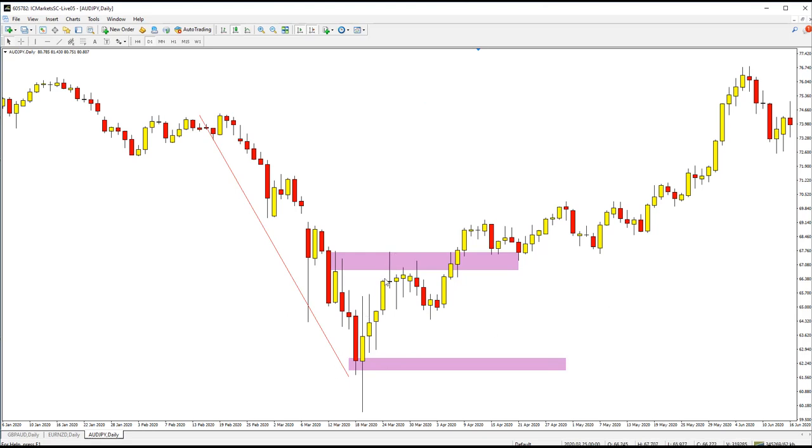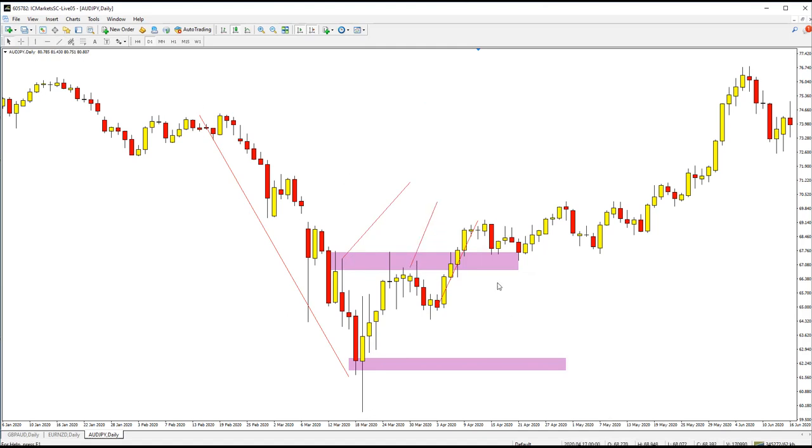At this point, the buyers are still pushing up, trying to break past the sellers. This is where the buyers take over from the sellers. You can see this breakout, breaking these two zones.